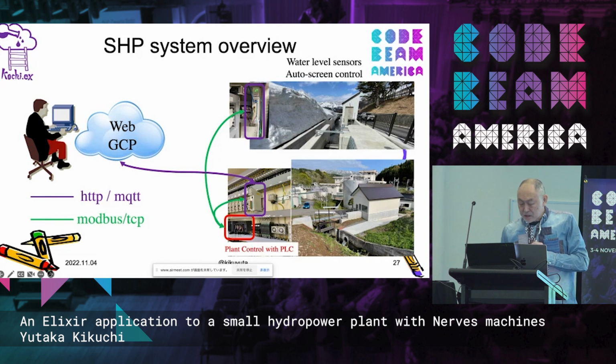The other one is in the powerhouse to communicate with the PLC that controls the facilities. The PLC controls the facilities via an individual industrial protocol named Modbus TCP. Also, it composes a SCADA with a web server and GCP components via HTTP and MQTT.